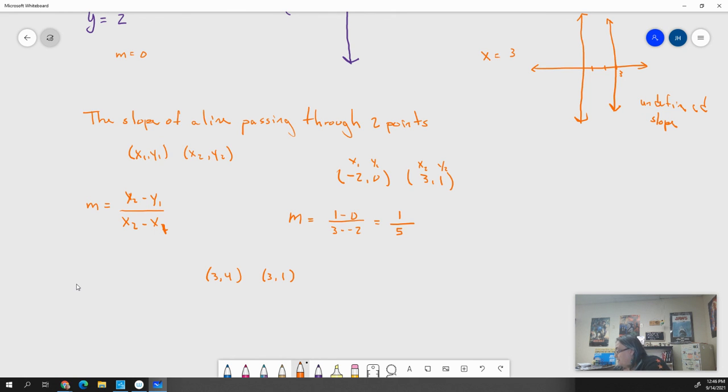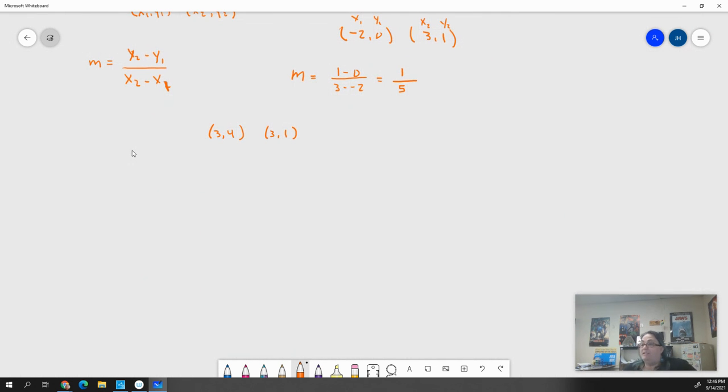I don't want to move into that yet because I kept everything in terms of slope. The only other thing I want to talk about is writing the equation of a line. If you're given a point and a slope, if I get m equals 4 and I get a y intercept of 3, you should be able to write the equation of this line because we know that y equals mx plus b.